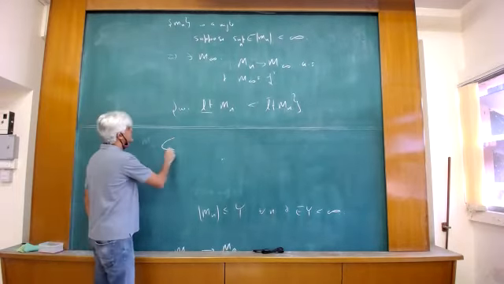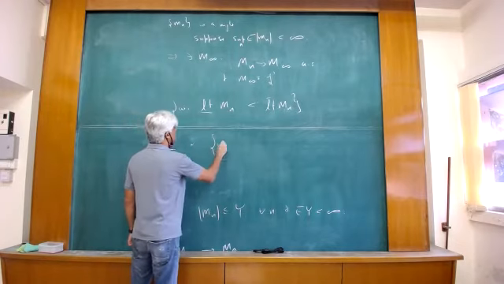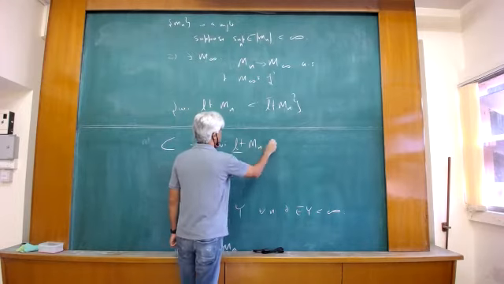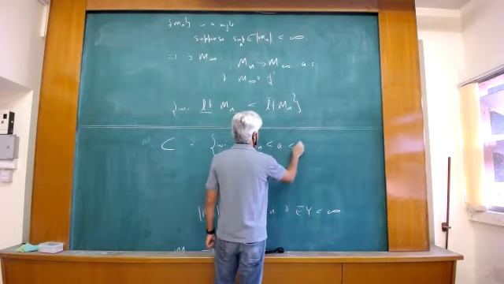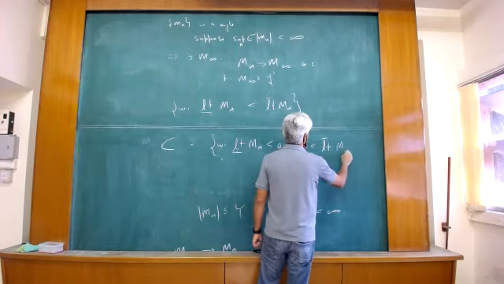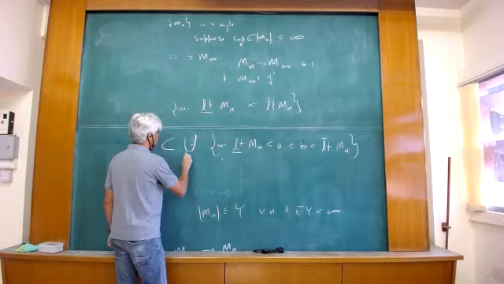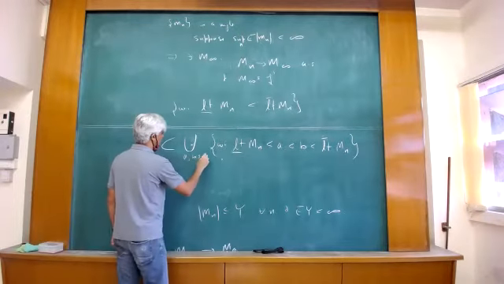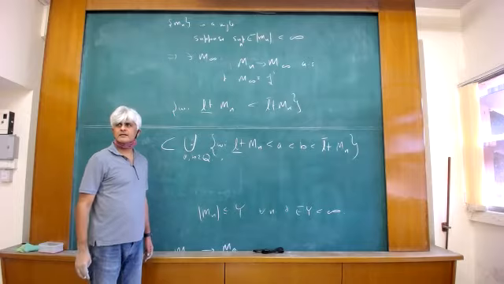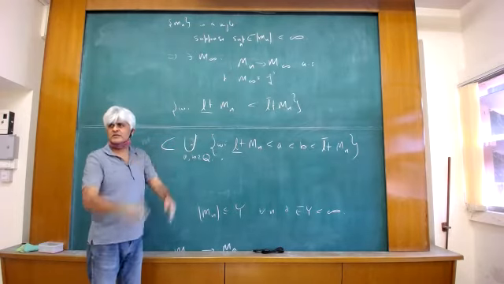This is a subset of the union over a and b, both rational, of the sets of omega such that lim inf Mn is less than a, which is less than b, which is less than lim sup Mn. Because whenever lim inf differs from lim sup, there must be two rationals in between.